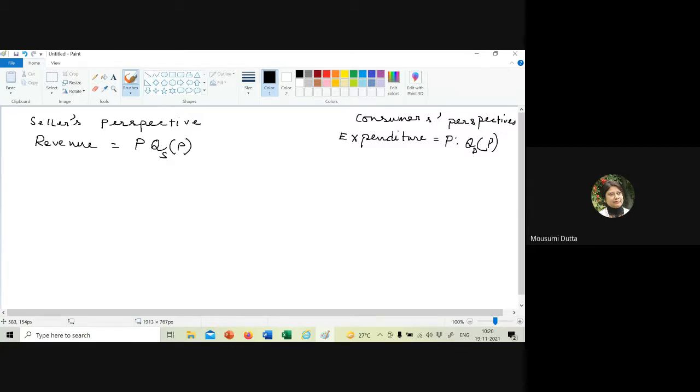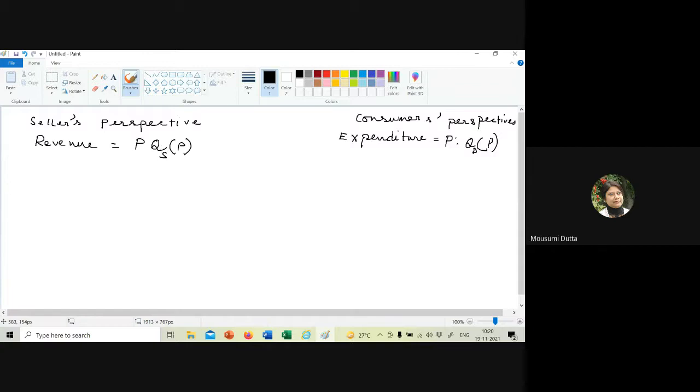If QD is equal to QS, the whole expenditure the consumers are making comes as revenue to the sellers. So these two things are equivalent at equilibrium when QD is equal to QS.